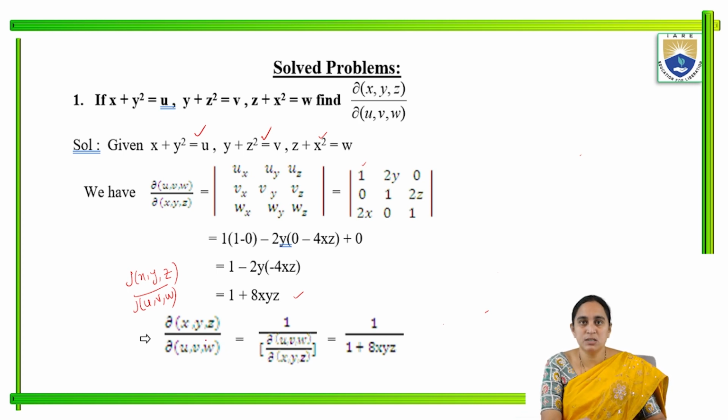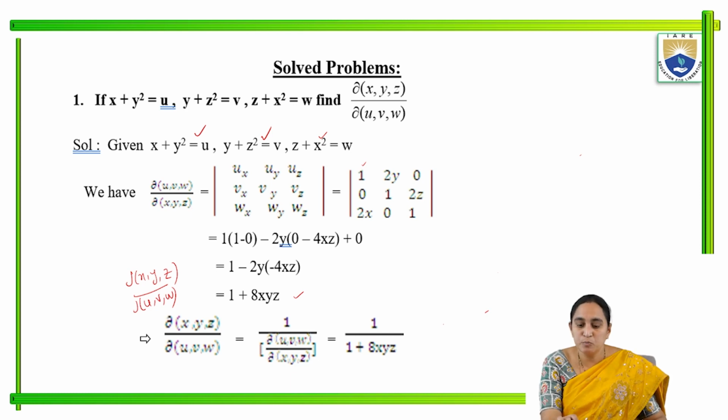For the same question, sometimes if they are asking J dash, dou of xyz by dou of uvw. Here, what about the given question, xyz with respect to uvw? For that, first I will find the reciprocal of that, that means dou of uvw by dou of xyz value.